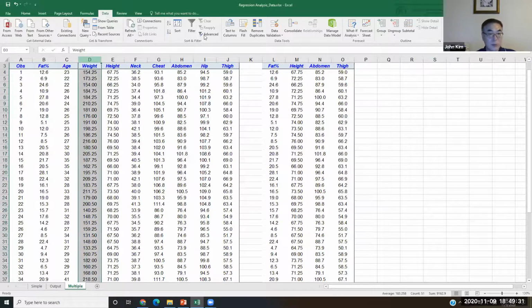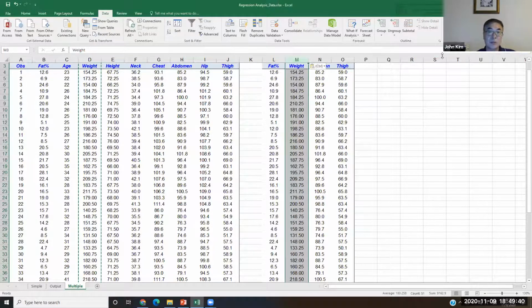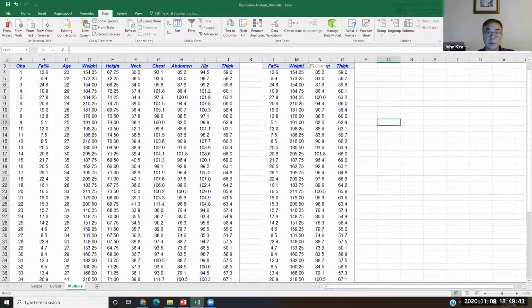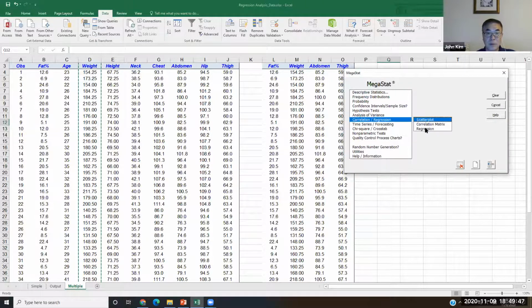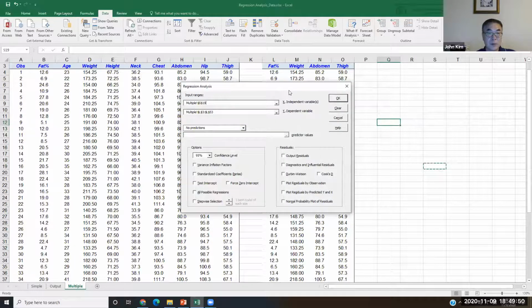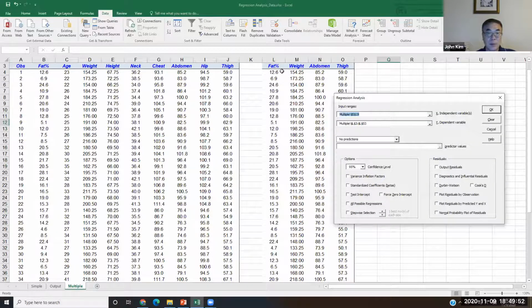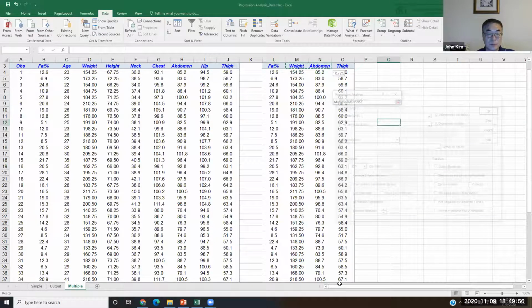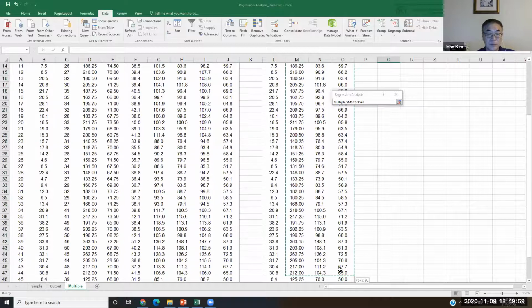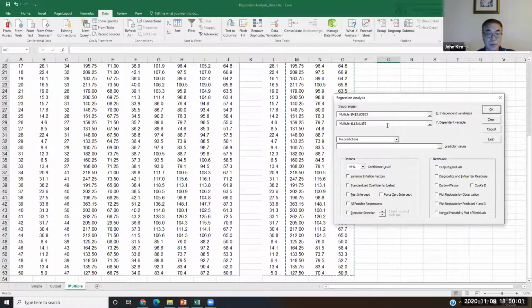So Control C. Not heights. So do it again. X variable, and Y variable, the same, okay.